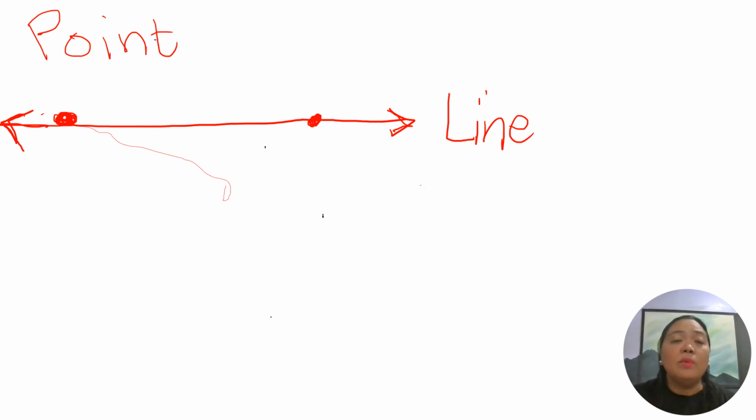So it has infinite length, but it has no width and no thickness. When you want to describe a line, we can say that a line is an infinite set of points that has infinite length, but no width and no thickness.